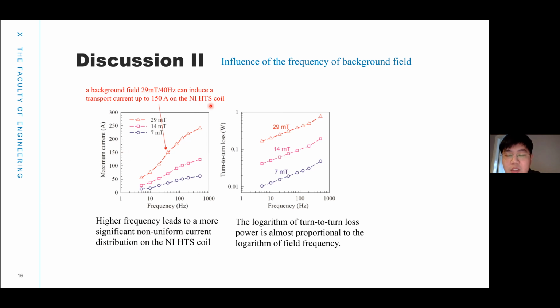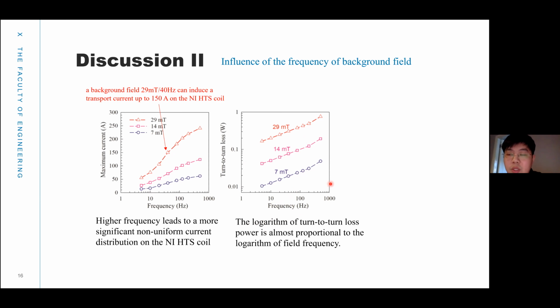As we said before, the critical current of this tape is 190 amps, so this is not a good operating point. And for the turn-to-turn loss versus frequency relationship, we found the logarithm of the turn-to-turn loss power is almost proportional to the logarithm of the field frequency.